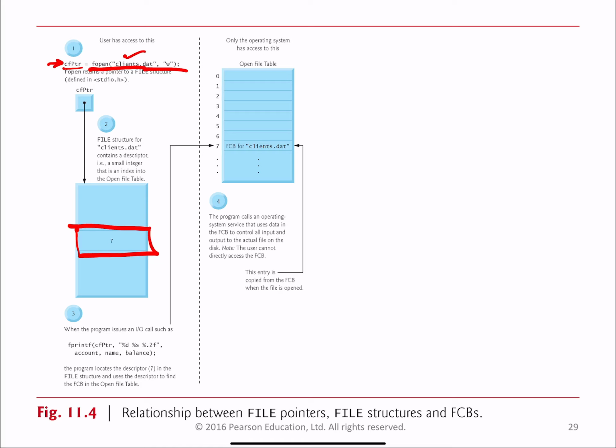That number can be used to access the open file table maintained by the operating system. And so 7 means that entry number 7 in the open file table refers to the clients.dat file that we're using in our program.